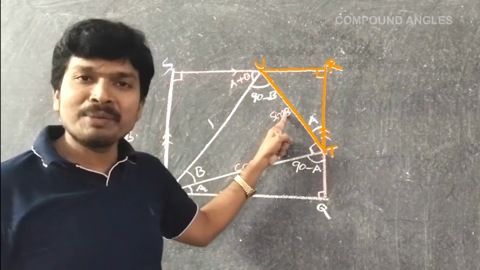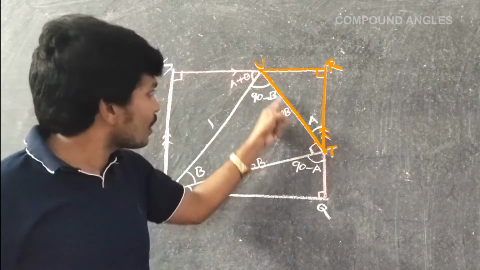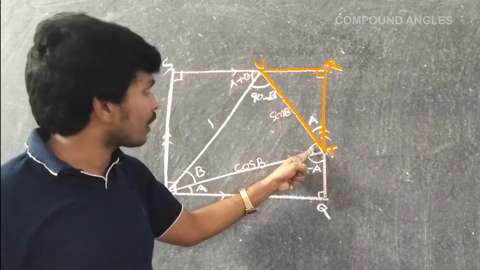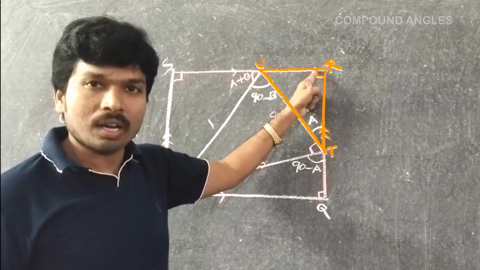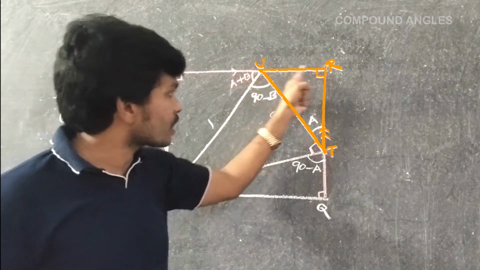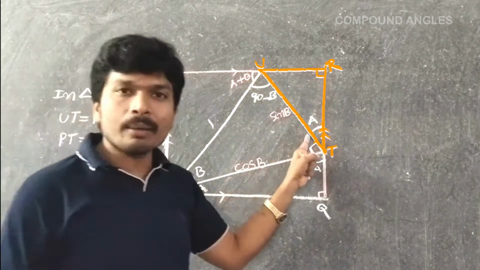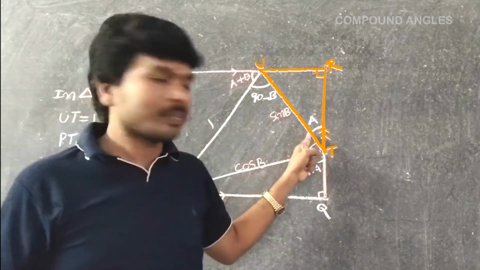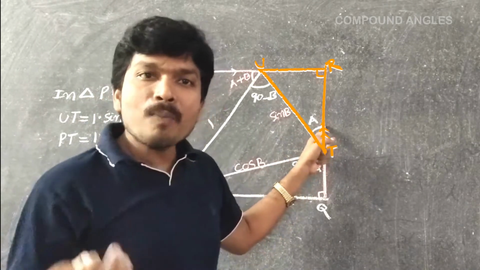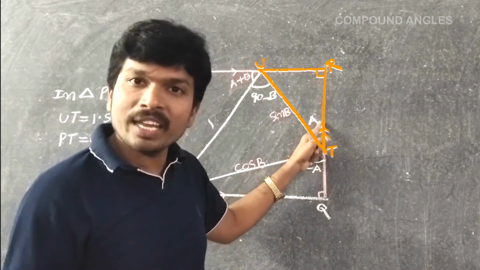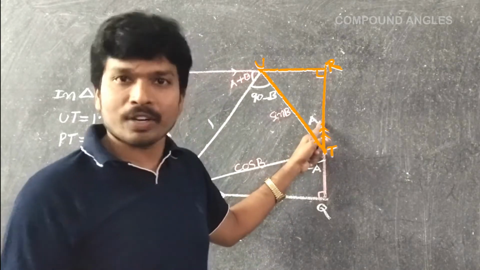The hypotenuse is sine B, because it is opposite to the right angle R. So that's why it is the hypotenuse of this triangle. Now you have to say sine A is equal to, what is the formula? Opposite side of A over hypotenuse.